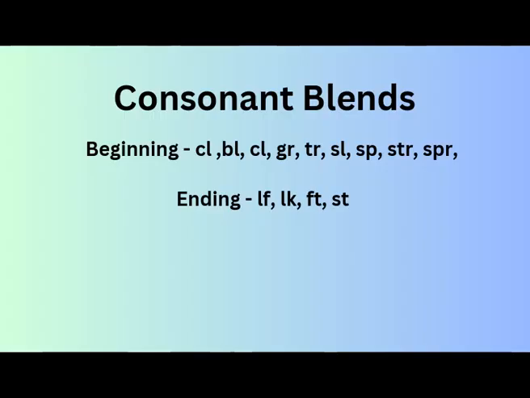Moving on to consonant blends. Consonant blends are two or three graphemes, each one representing a phoneme. So they hold their individual sounds, but they blend together. A blend is not one sound, but two or three adjacent sounds, and they typically occur before or after a vowel in a syllable. So beginning blends might be like your L blends, CL, cl, BL, bl, GR, gr, TR, tr, SL, sl, SP, sp.